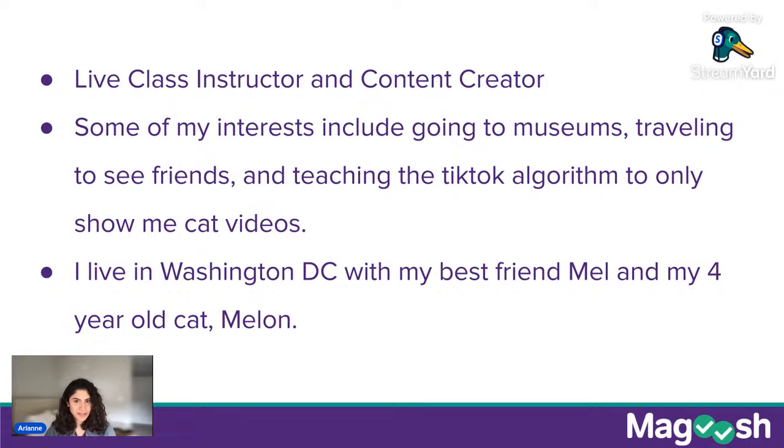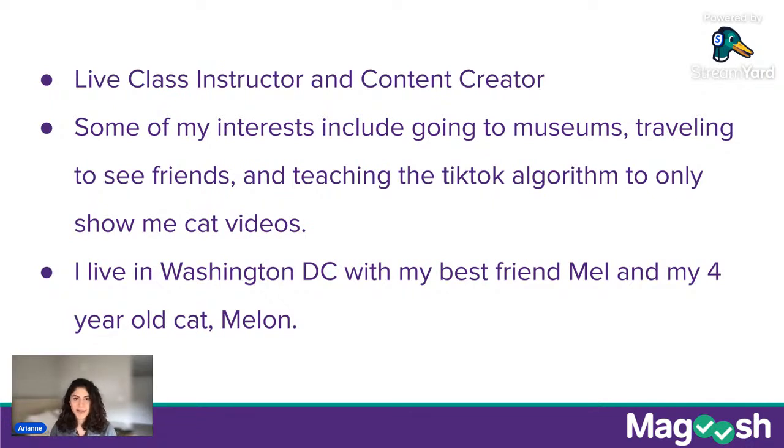I like to travel a lot, especially if I can use my friends as an excuse. I like reconnecting with friends, meeting people along the way. And currently, I am trying to teach my TikTok algorithm to only show me cat videos. You know how the algorithm picks up on many different things and the For You page?